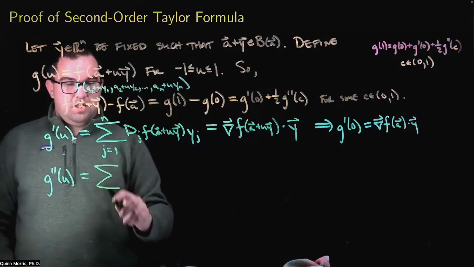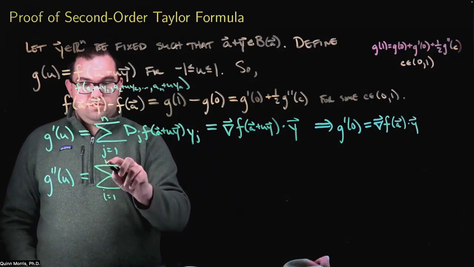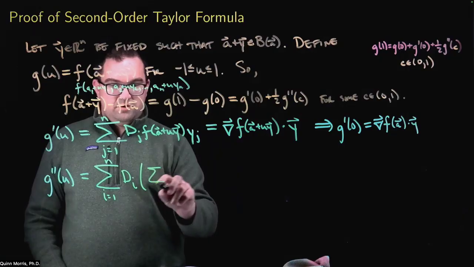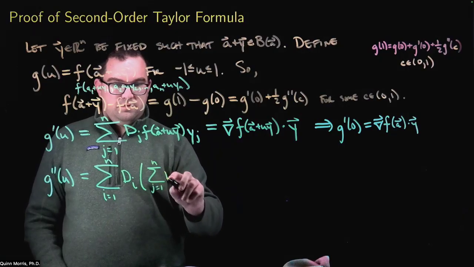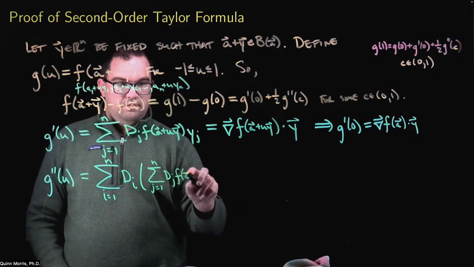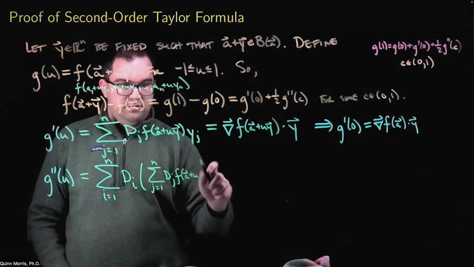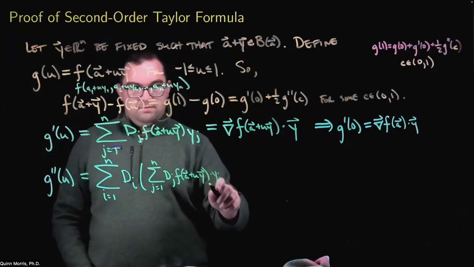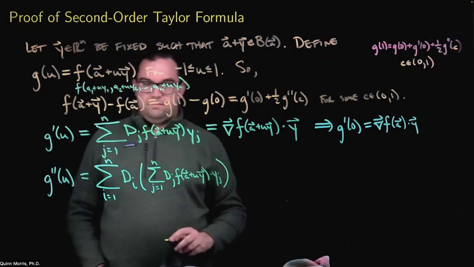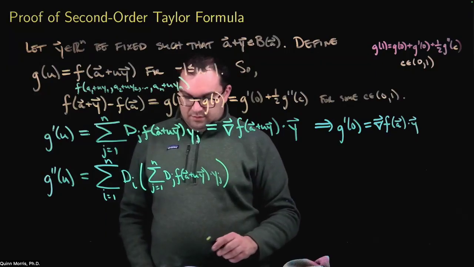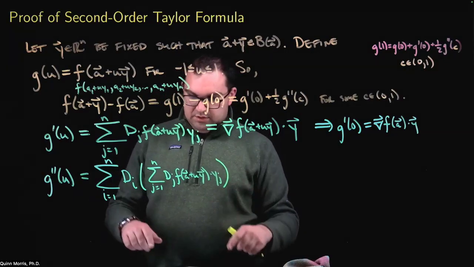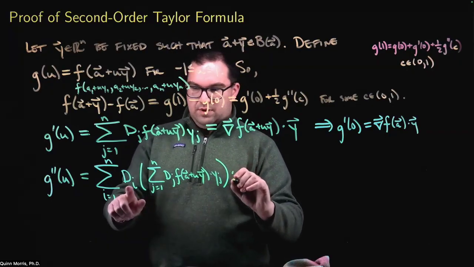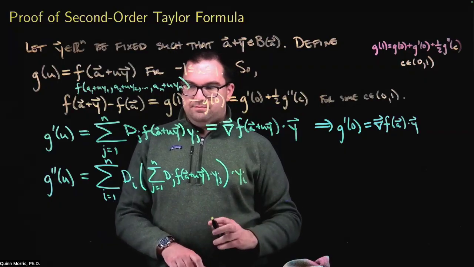I'm going to take a derivative with respect to each variable of this function. And when I do that, the chain rule is going to pop out one of the y components. When I'm taking the ith derivative, that's going to pop out yi.